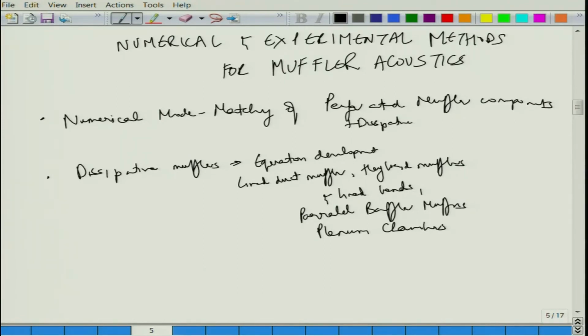And then there is a detailed review of the absorptive materials, some properties of those, Delany and Bazley's coefficients, and detailed analysis of such configurations has not quite been done, because these things are used in industry.